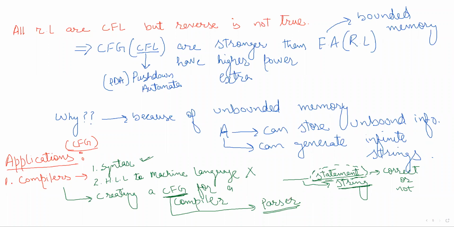So these parsers basically take a statement and then using a context-free grammar, they will say whether this statement can be generated by a context-free grammar or not. If it can be generated, then this statement is correct.